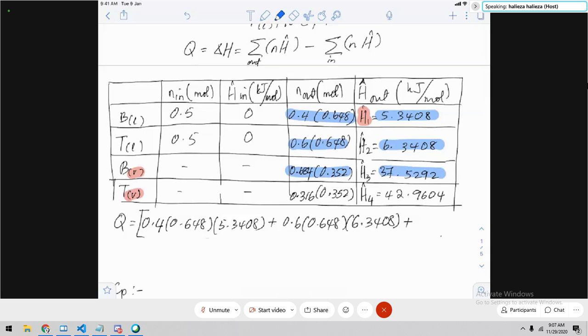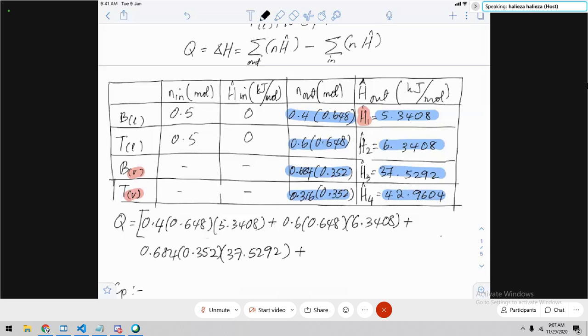You get the product of the number of moles of benzene with its enthalpy, 37.5292. Okay, that's done. Next, our last value, which is toluene: the number of moles of toluene in the vapor phase and its enthalpy.